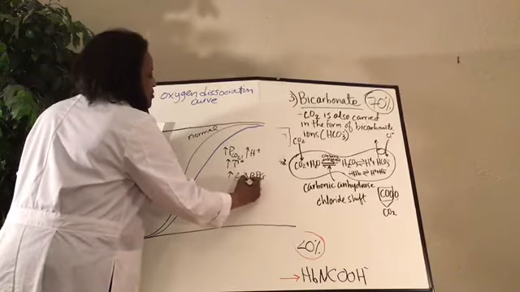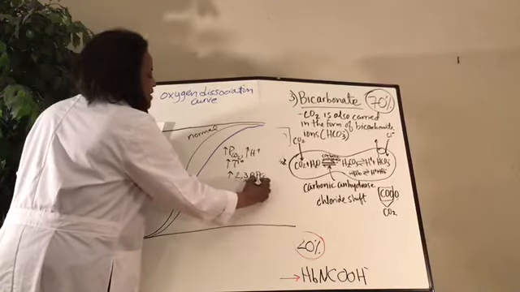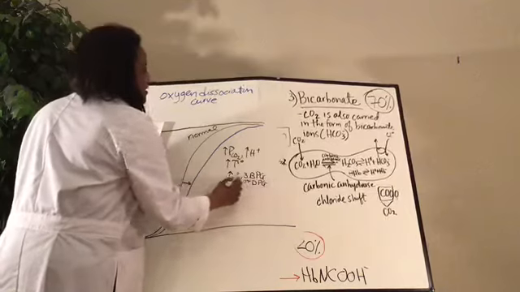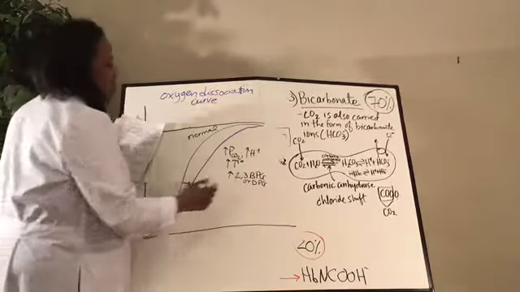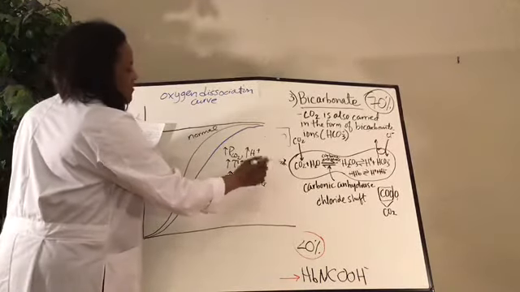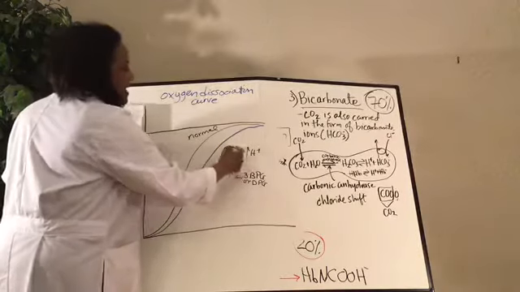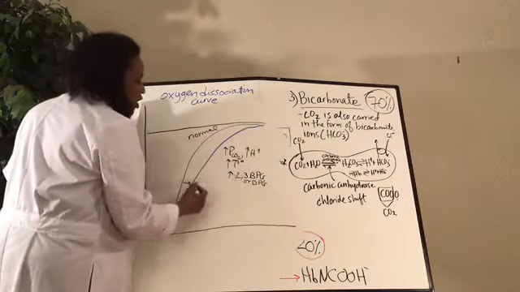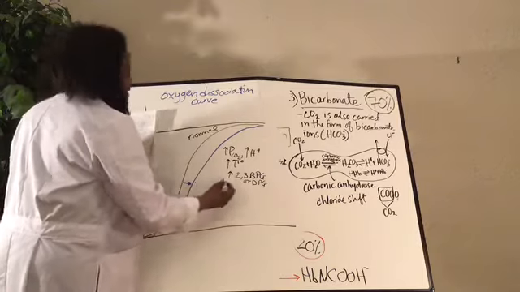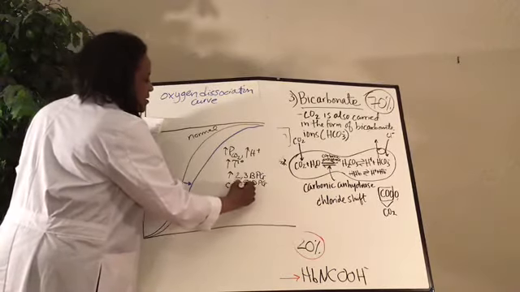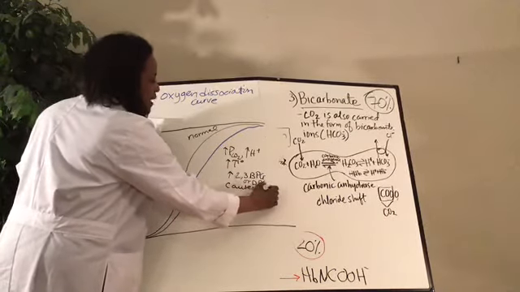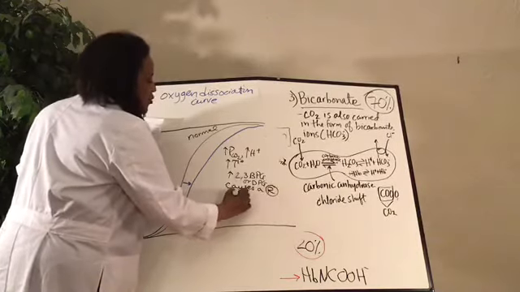Some books use DPG, so I'll just write diphospho-something. But all these increases will cause a right shift, right? This causes a right shift from normal.